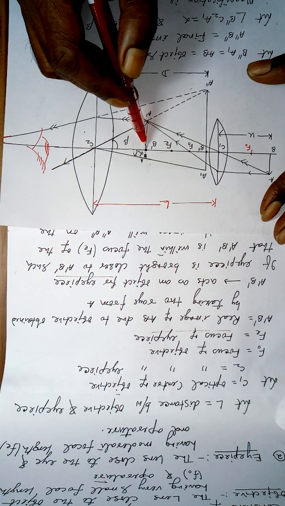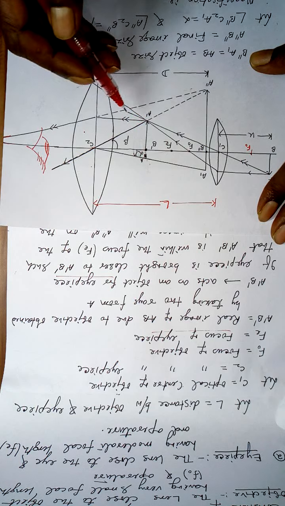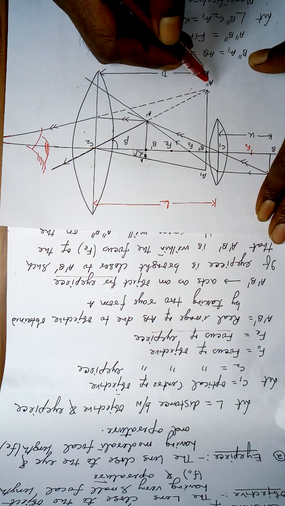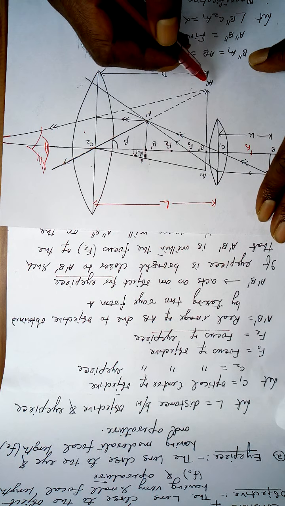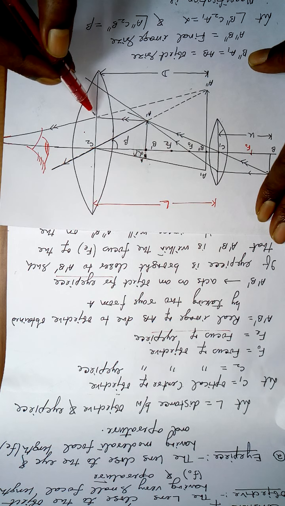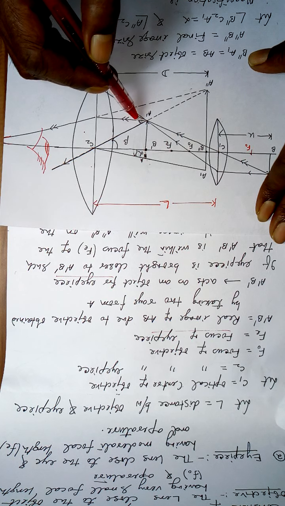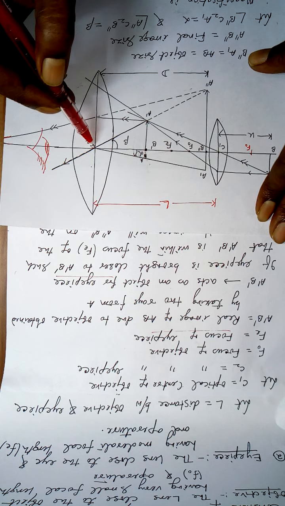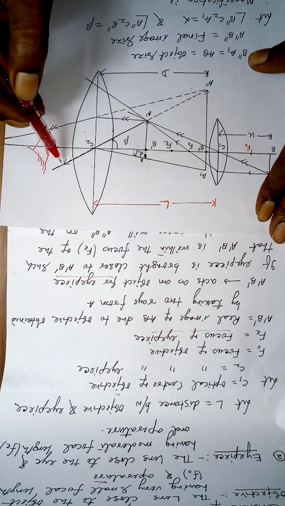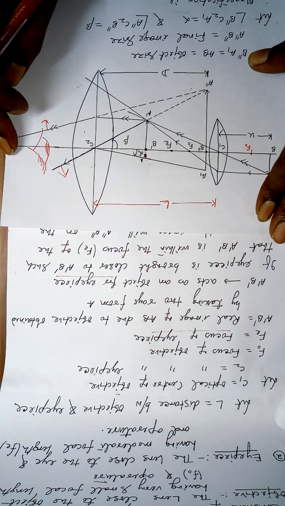Now A dash B dash is within the focus of this lens, so its image will be on the same side, as discussed in the simple microscope. Here is a ray parallel, so this will pass through the focus of this lens. Another ray going from here through the optical center goes undeviated. This as well as this are diverging on this side of the lens.